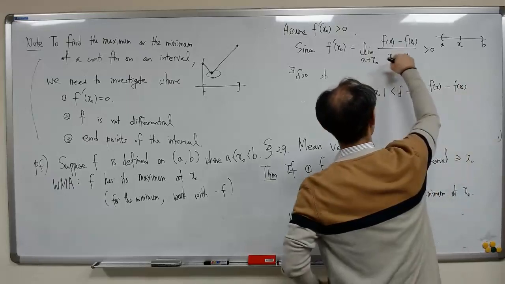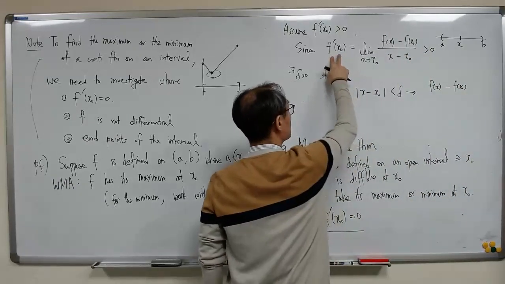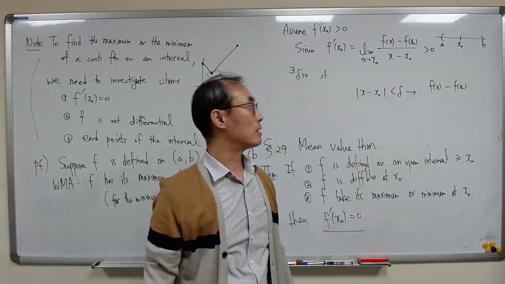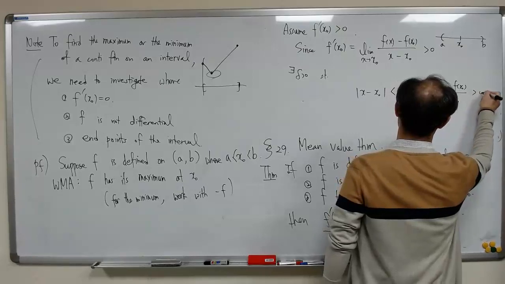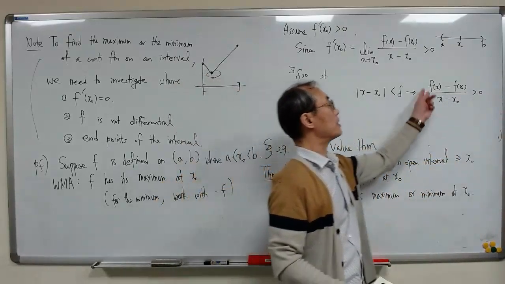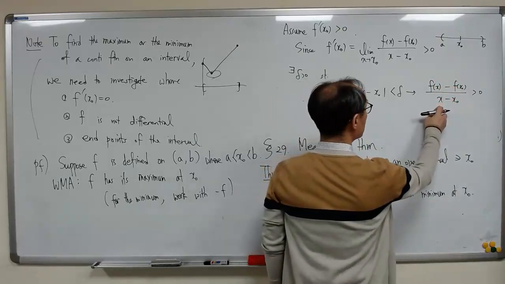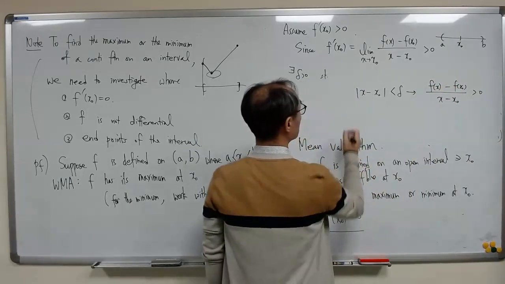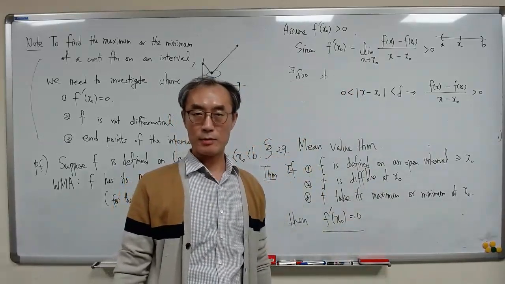Since this quotient converges to some positive constant, this expression is positive. Of course, this expression is meaningful when x is different from x naught. That means we need to exclude the case when x is the same as x naught.